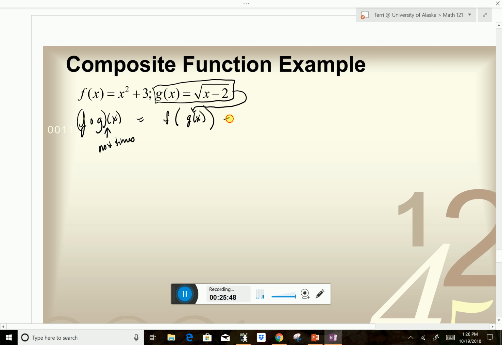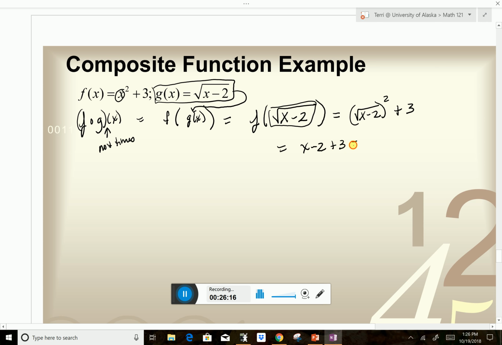So this is f of the square root of x minus 2. We want our function evaluated at that. Everywhere we see x, we plug in the square root of x minus 2 instead. So the square root of x minus 2, square that, and add 3. Well, the square root of x minus 2 squared is x minus 2, plus 3 is x plus 1.